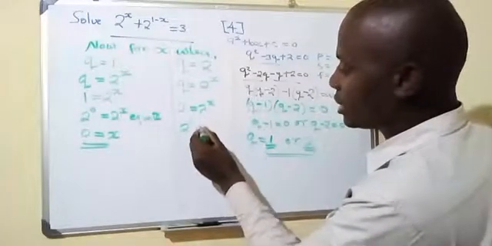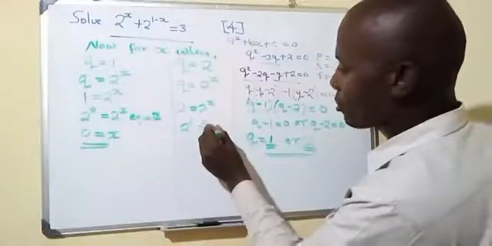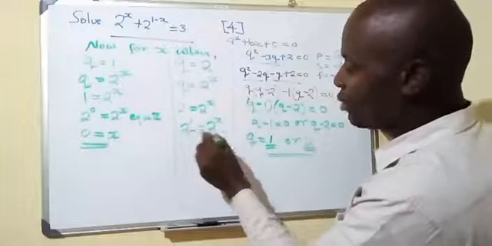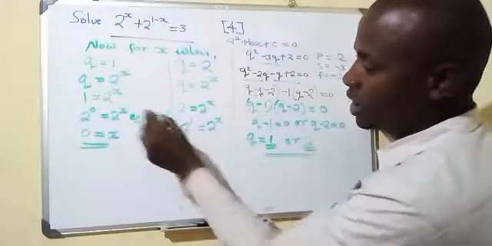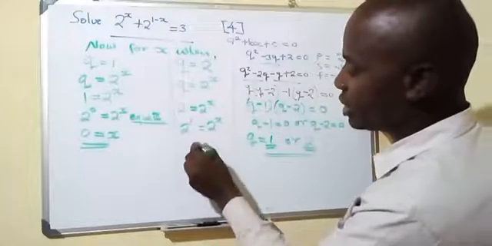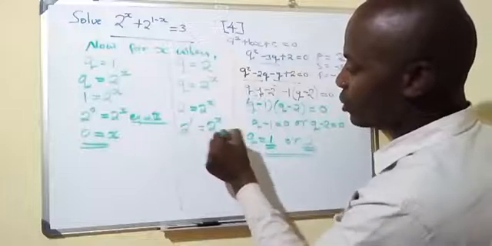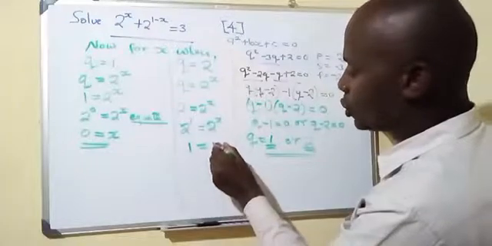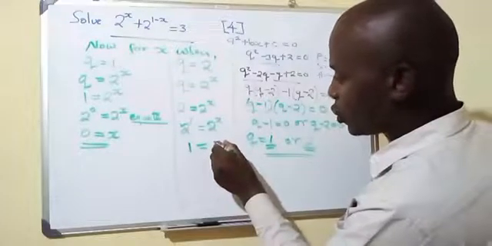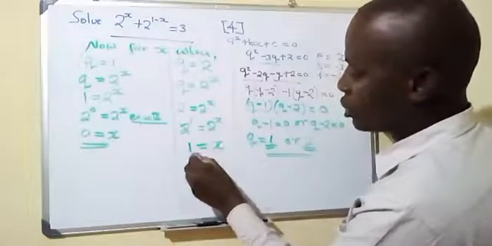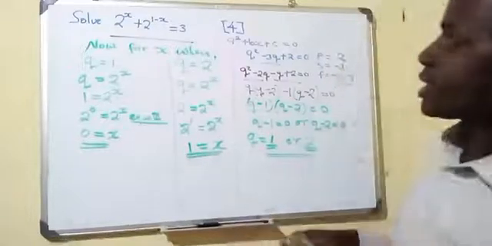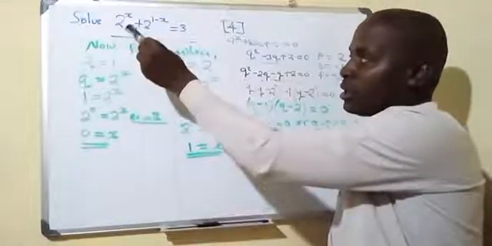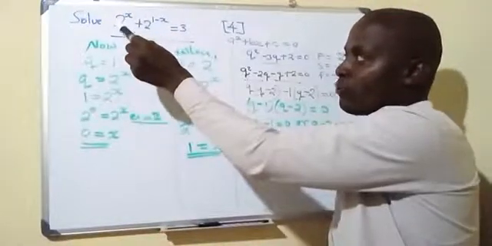So 2 is equal to 2 to the power x. Since the bases are the same, this is the same as writing 2 to the power 1. So now I will still use the same concept of equating, meaning I cancel the two bases. So I will remain with 1 is equal to x. So the value of x is 1.